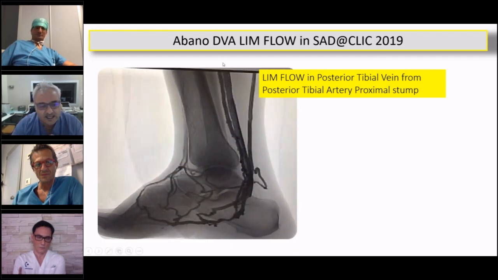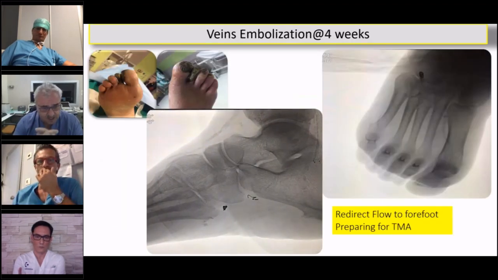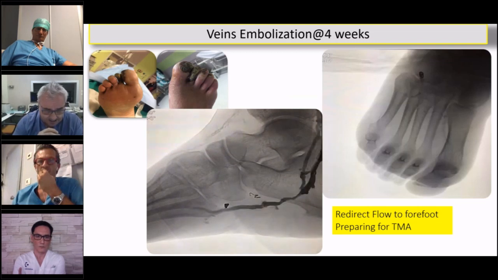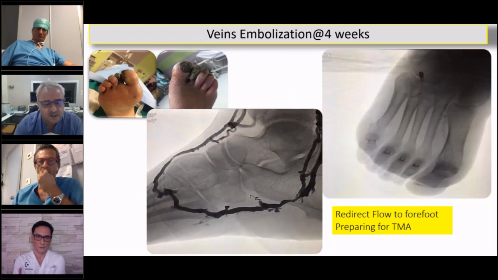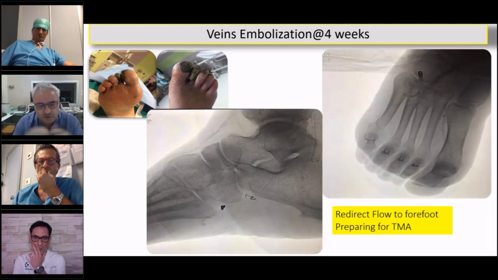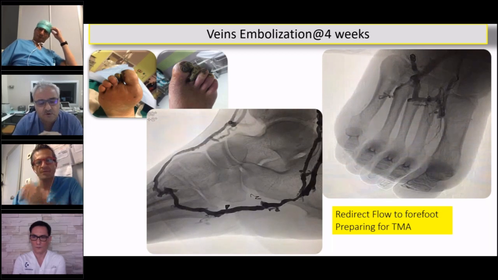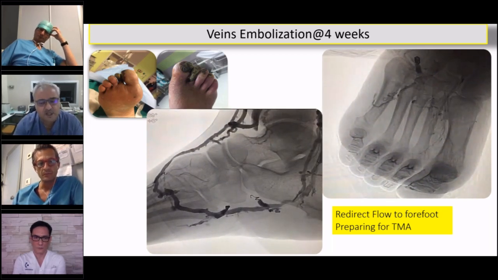In the next weeks, the pain in his foot completely disappeared. We called the patient back and we closed with coils 2 veins in the foot to redirect flow to the forefoot, preparing the patient for the transmetatarsal amputation.